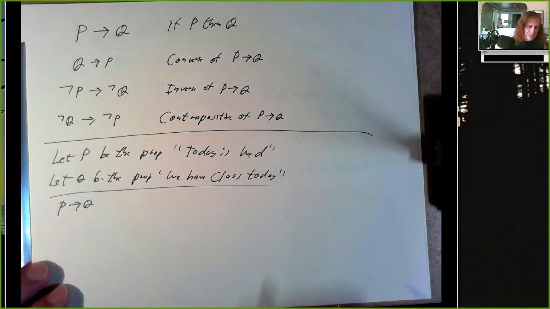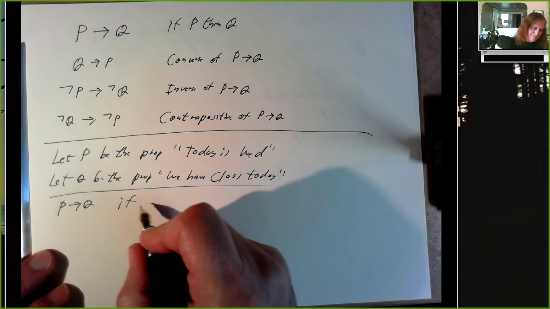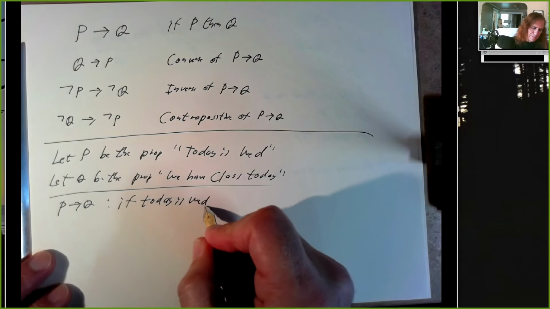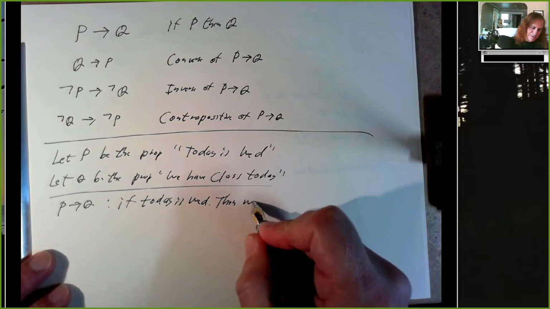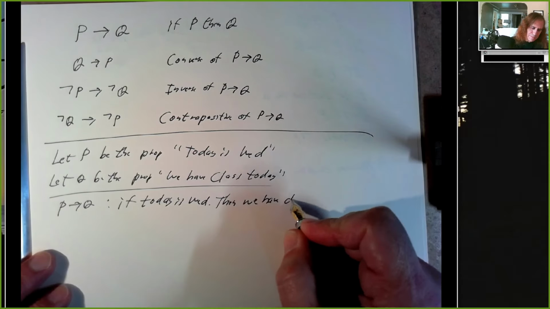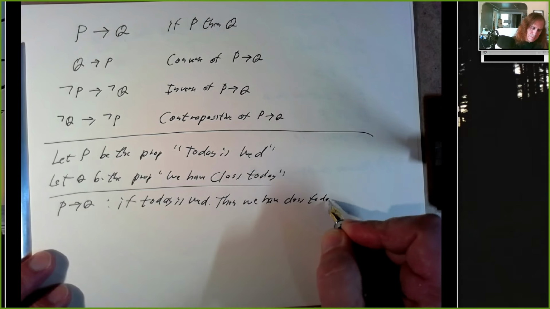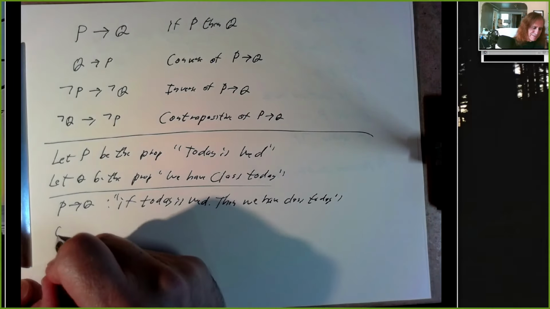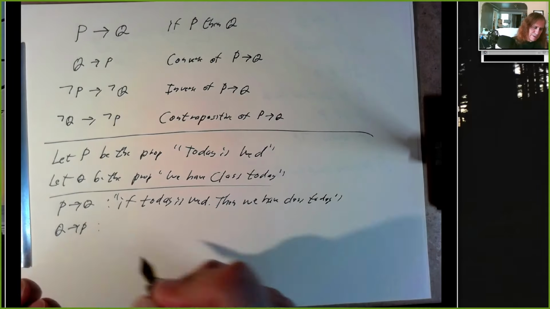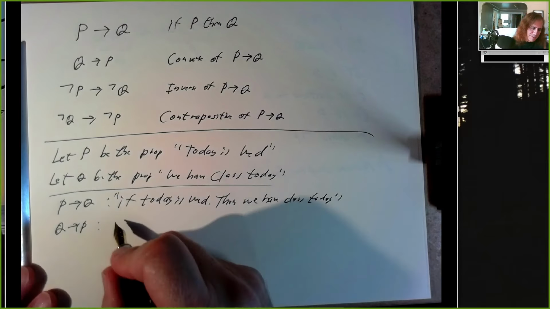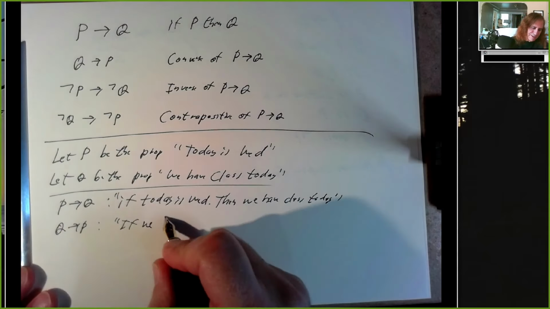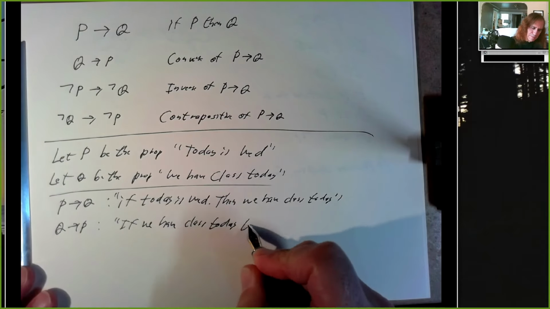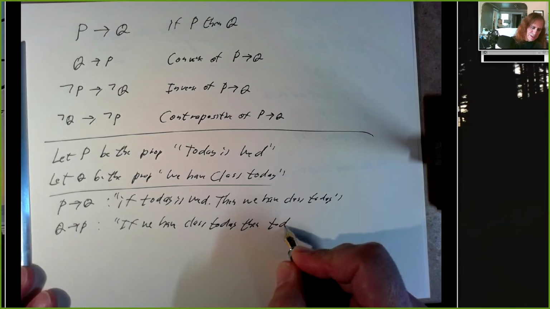So P arrow Q, if P then Q says, if today is Wednesday, then we have class today. Okay, what's the converse? If Q then P, that's the proposition, if we have class today, then today is Wednesday.